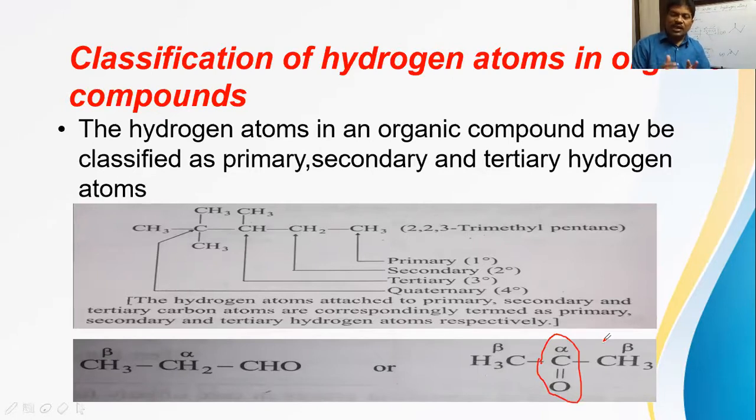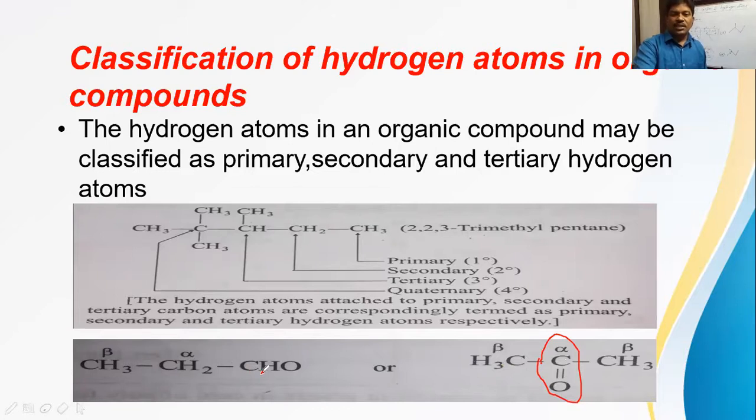So we can classify the hydrogen atoms also in the form of alpha hydrogens, beta hydrogens, gamma hydrogens, delta hydrogens, and so on. So in this case, the C double bond O carbon itself is taken as alpha carbon, and here it is beta carbon. It is also beta carbon. In this case, how many beta hydrogens are available? 3 beta hydrogens available on each beta carbon, and 2 alpha hydrogens present on the alpha carbon atom.